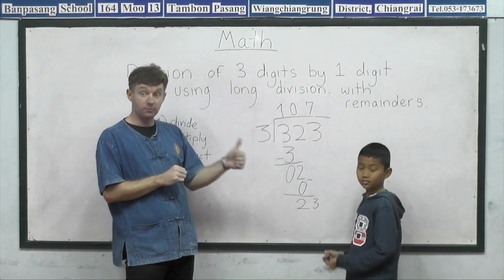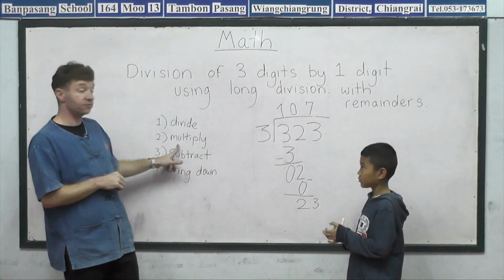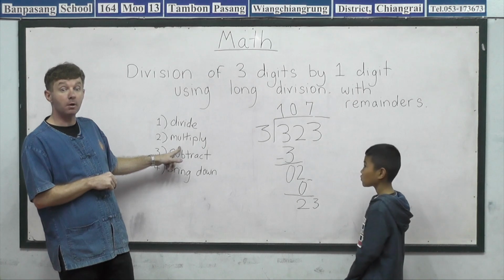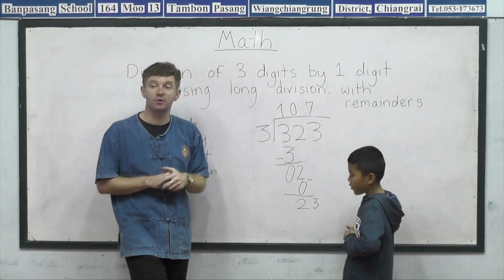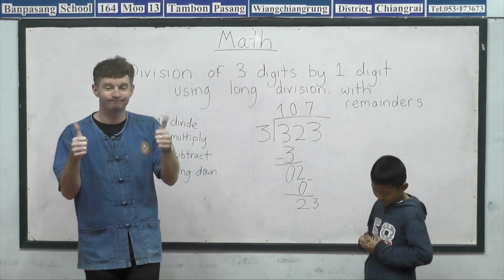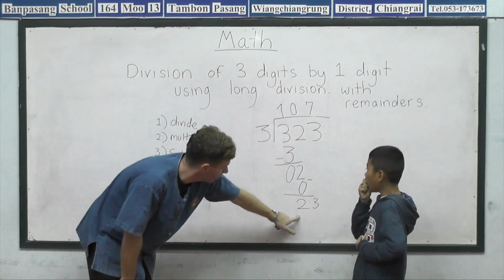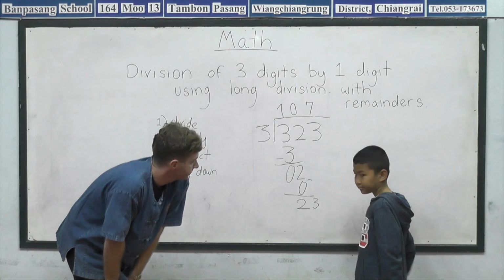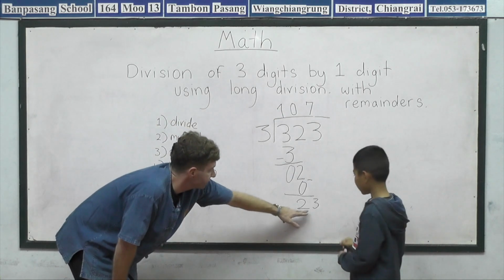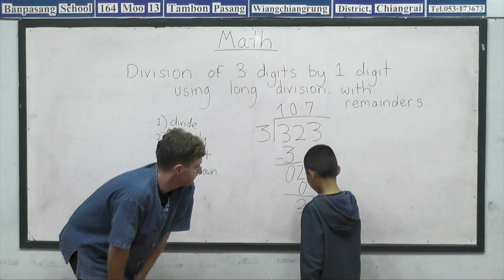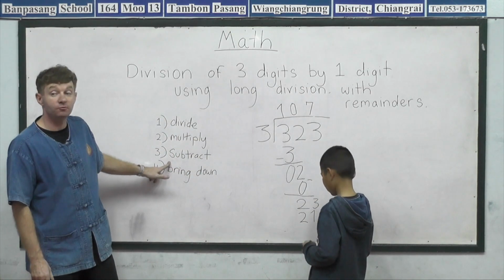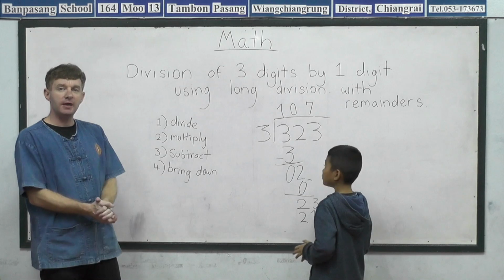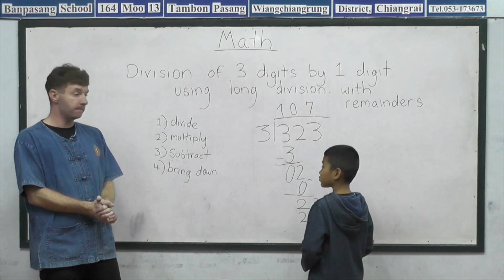Excellent. Well done. Now, step number 2, multiply. 3 times 7. Excellent. 21. So we'll write 21 here. I'm ready to subtract. 23 minus 21.